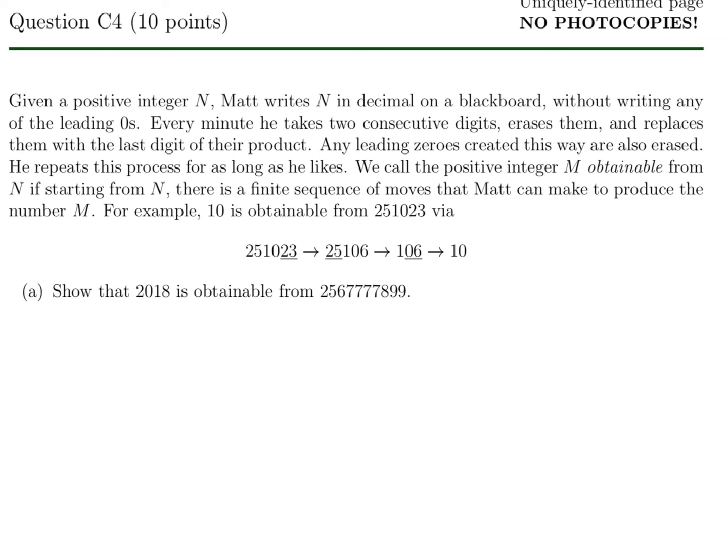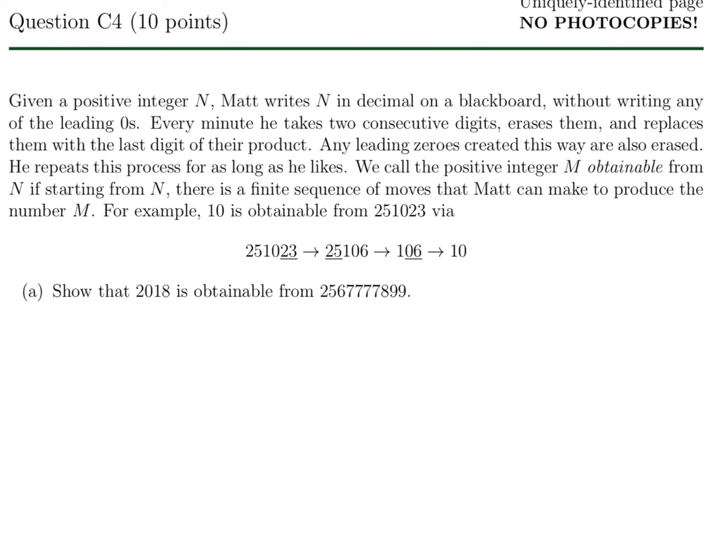Given a positive integer n, Matt writes n in decimal on a blackboard without writing any of the leading zeros. Every minute he takes 2 consecutive digits, erases them, and replaces them with the last digit of their product. Any leading zeros created this way are also erased. He repeats this process for as long as he likes.